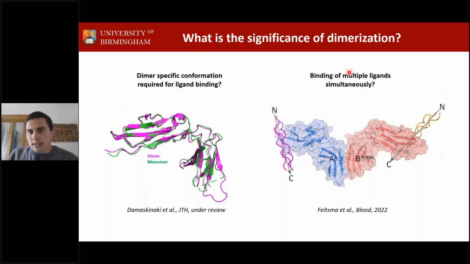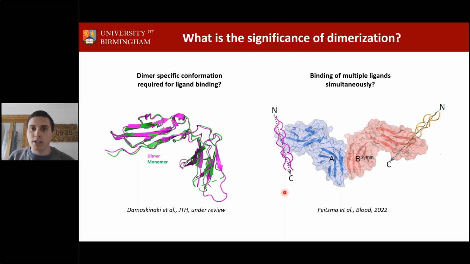And secondly, this comes from another group, the group that solved the structure bound to the collagen ligand. They showed that a GP6 dimer can't simultaneously bind to two collagen triple helices, and that's due to the way collagen bundles in parallel bundles.